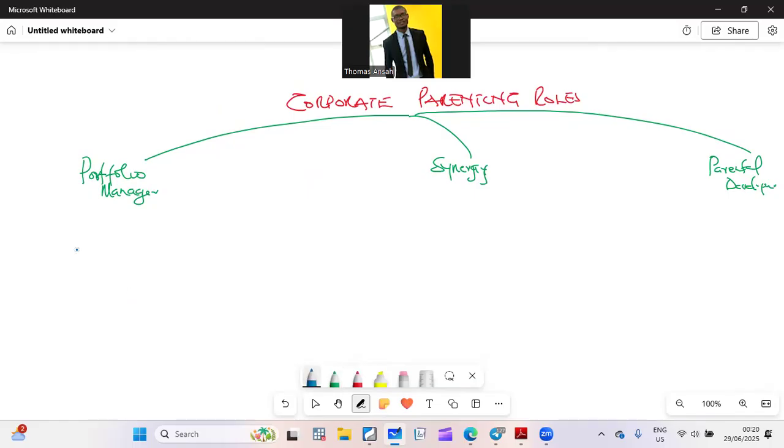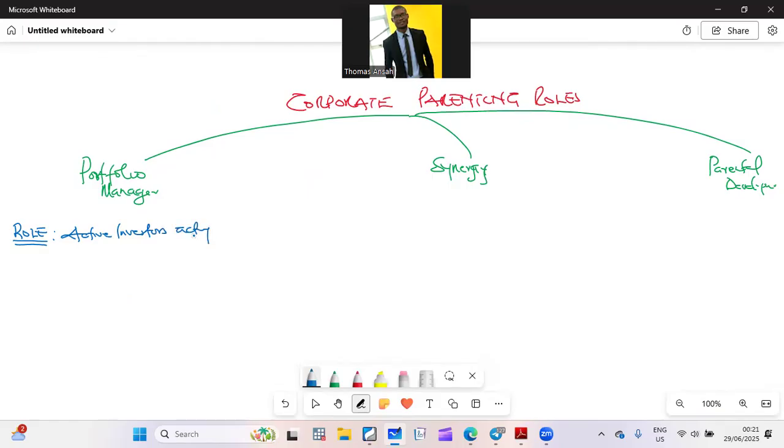So one, let's look at the role of the portfolio developer. These guys are active investors acting on behalf of shareholders to extract value from businesses. The various businesses that you have, these are active investors.